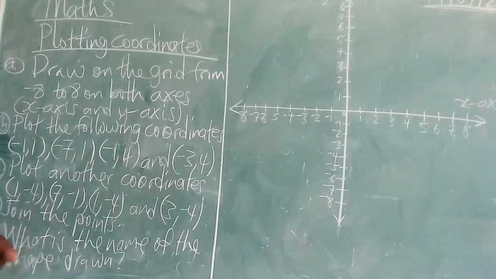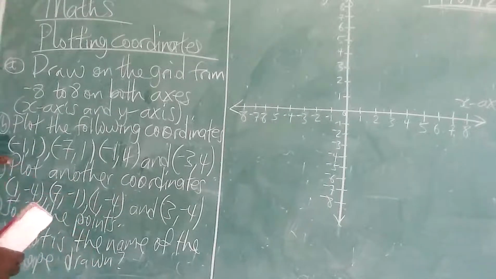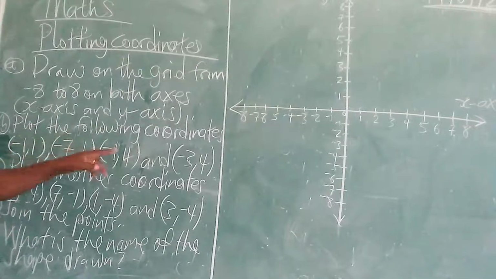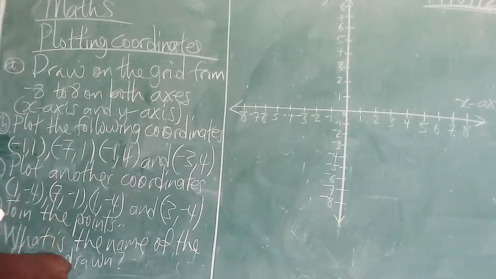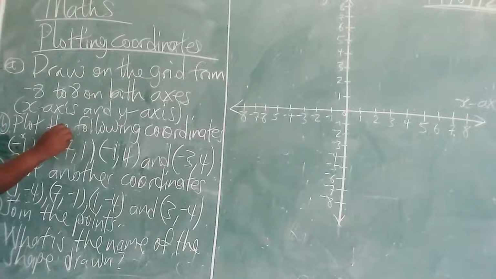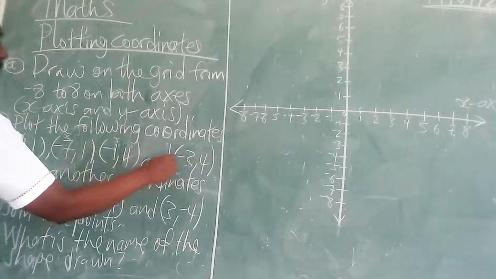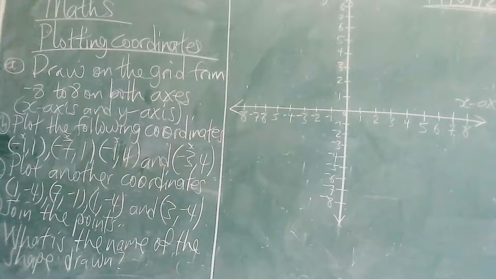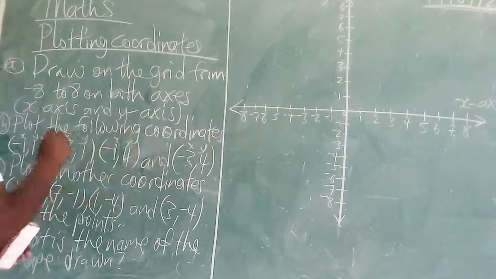So we finish drawing our x-axis and y-axis lines. Now we are going to plot the coordinates. The second question says plot the following coordinates: (-1, 1), (-7, 1), (-1, 4), (-3, 4), and so on. And I told you that always the first numbers are x numbers, and then the second ones are y numbers.